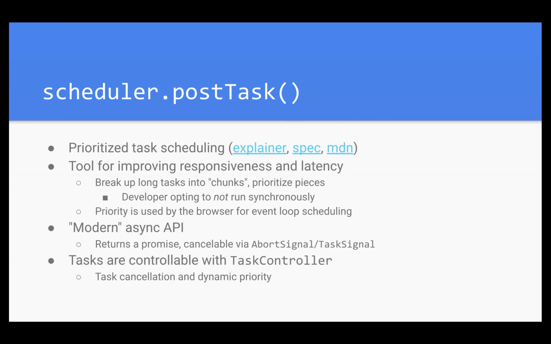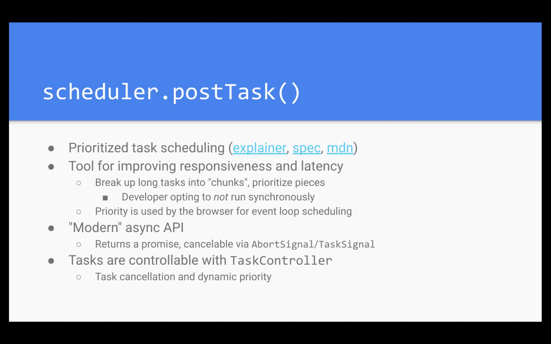We thought of this as a tool for improving responsiveness and latency, with the idea that if a developer has a task that's a long synchronous chunk, that's bad for responsiveness. If you have function boundaries, like you could with setTimeout, you may be able to break this task up and schedule the individual pieces. And then it gives you some control over how those pieces are scheduled.